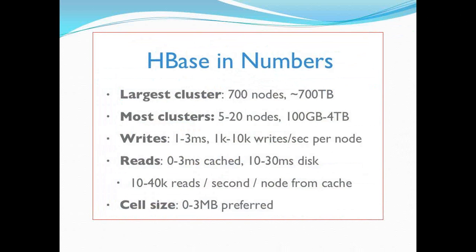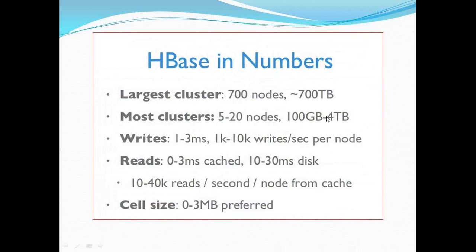These are some high level numbers which show the cluster size and what type of data can be stored. Like you can see that 700 terabytes could be across 700 nodes. Again, these all depend on the memory or capacity that you have available.